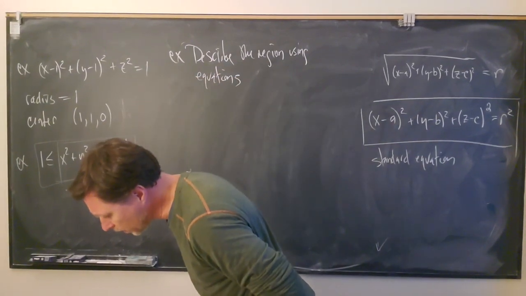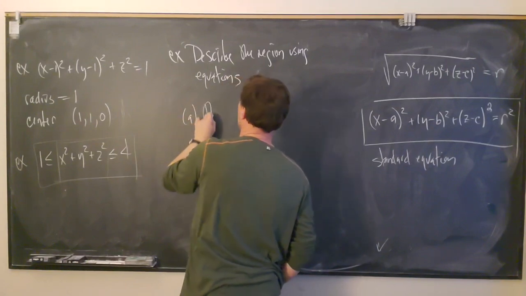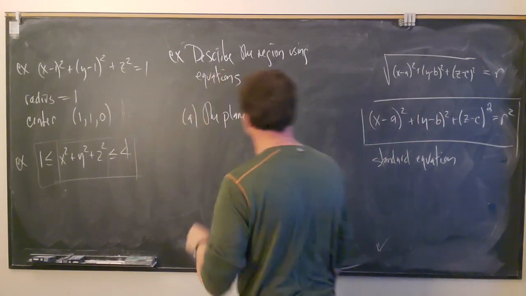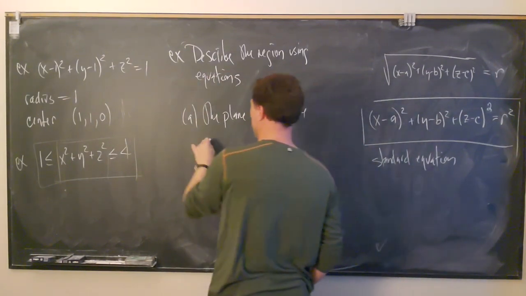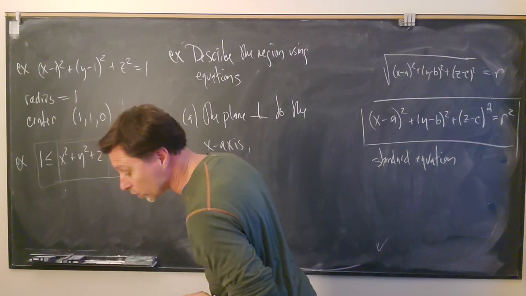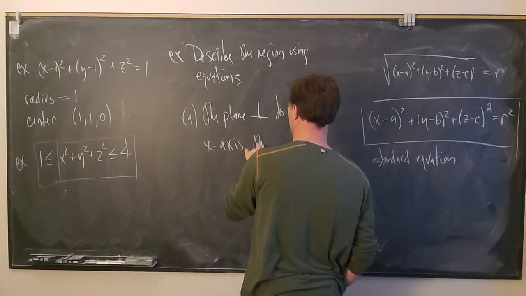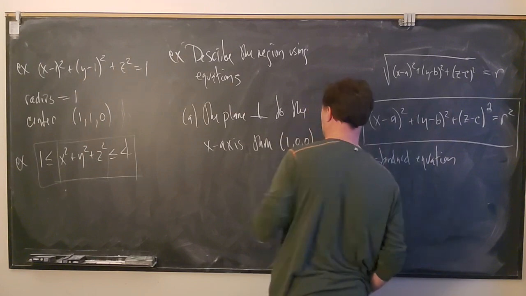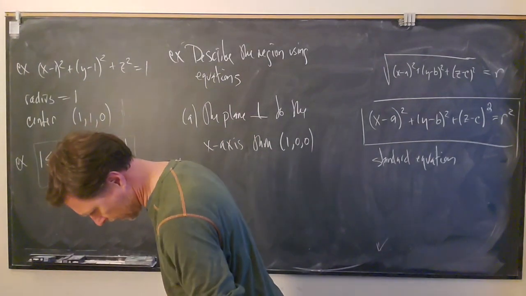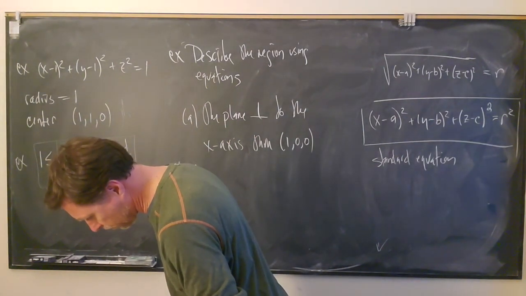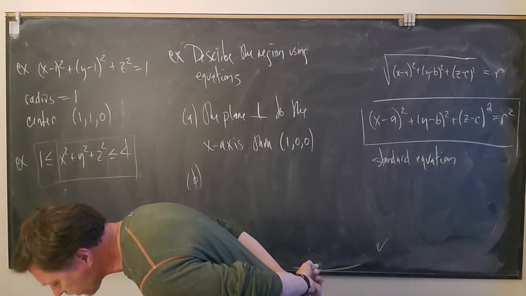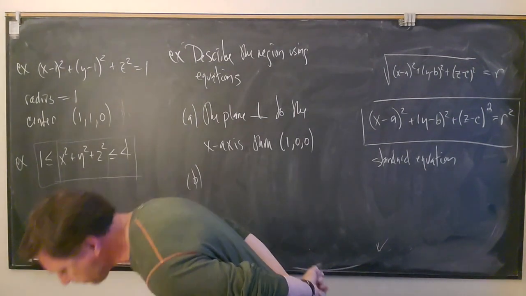So the first one, the plane perpendicular to the x-axis through the point (1, 0, 0). And then the second one, let me write them both down and then we can do them. So the second one is the circle of radius 3 lying in the xy plane.